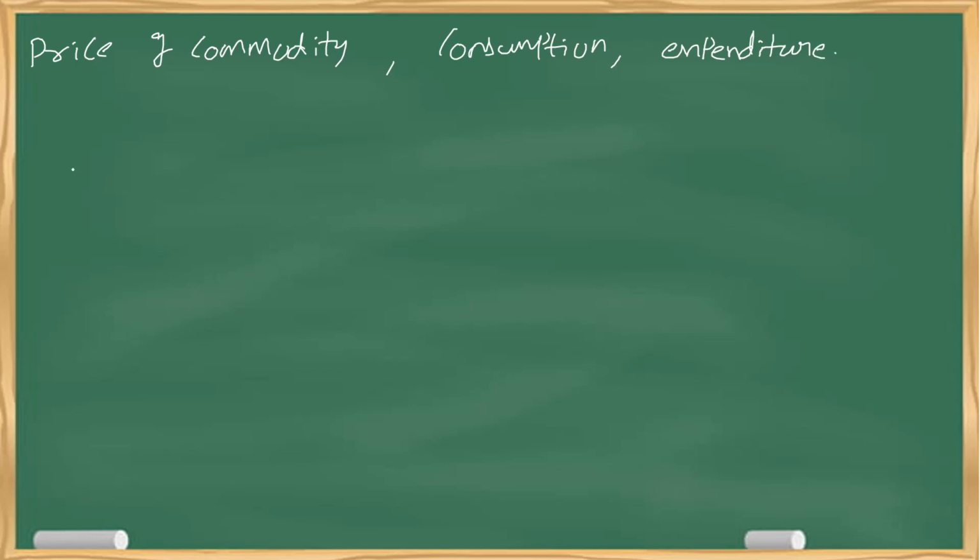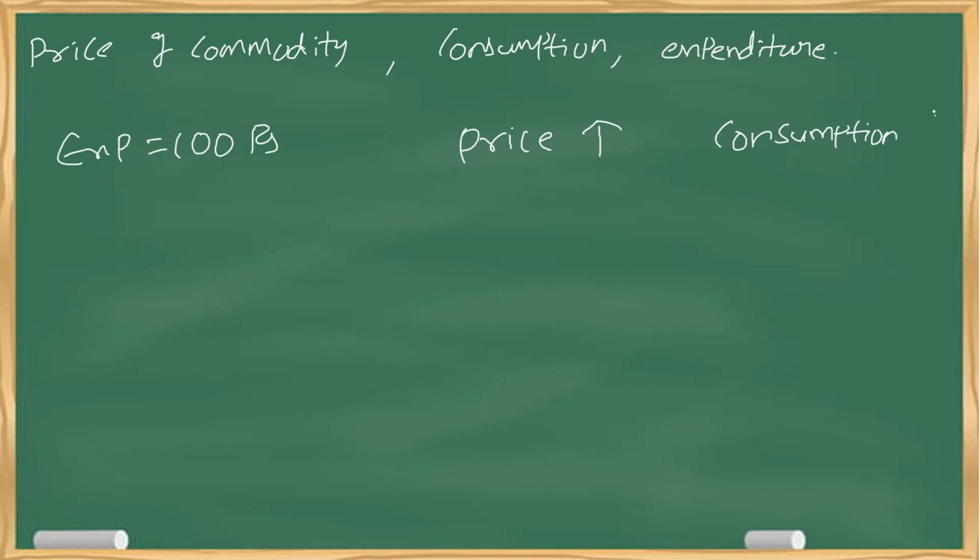Okay, assume my expenditure is 100 rupees only. So if the price of the commodity increases, what should I do about the consumption? I have 100 rupees only, so consumption should be decreased.